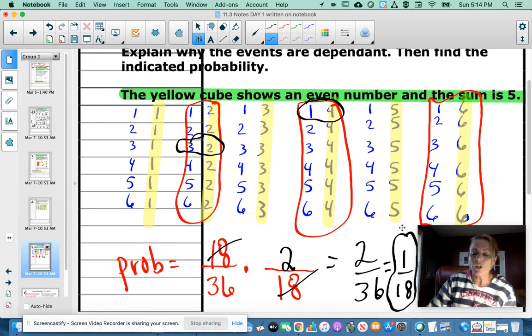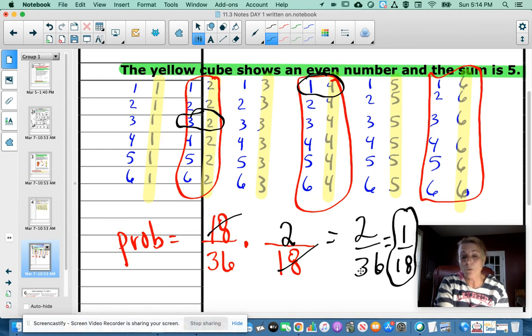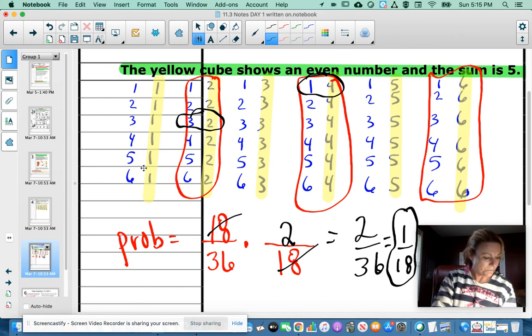It's conditional, or it's dependent, I should say, which is why we use a conditional probability, because the second probability is dependent on what I chose on the first probability. The yellow cube shows an even number. All I care about is everything that I circled in red, red, and red. That's what I use to find my second probability, not the ones that have an odd yellow cube.